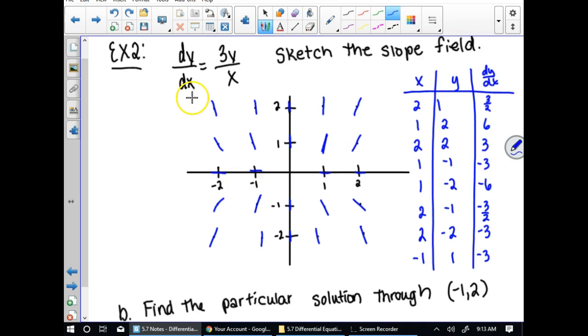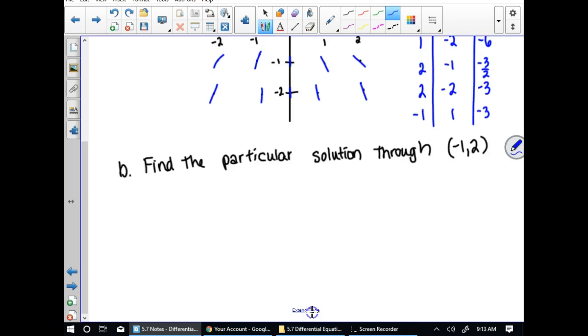Okay, so we're starting with dy over dx equals 3y over x. And we're going to multiply by dx. So we get dy equals 3y over x dx.